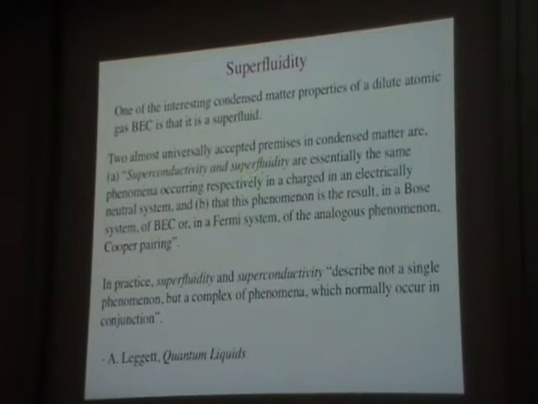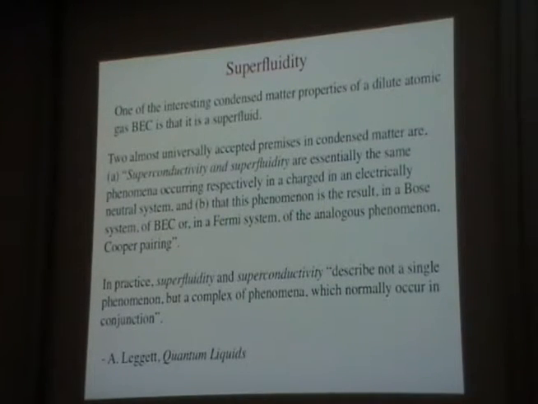One is that superconductivity and superfluidity are essentially the same thing. Superconductivity just happens to occur in a charged system, and superfluidity in a neutral system, but the phenomena are basically the same, and the underlying mechanism is usually Bose-Einstein condensation. That's the second accepted premise.